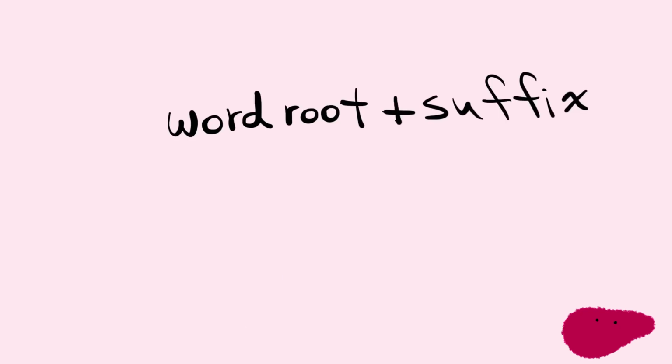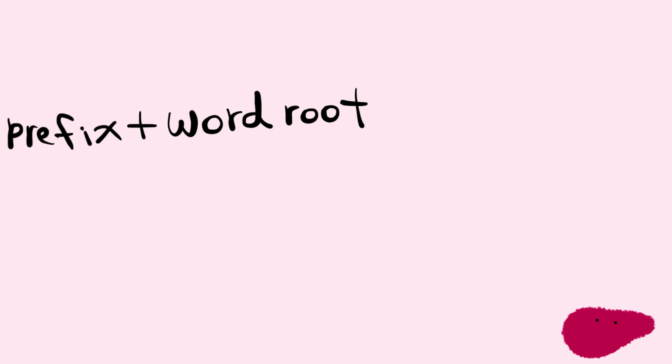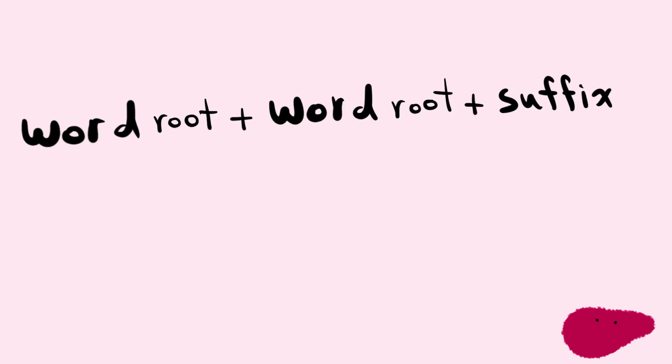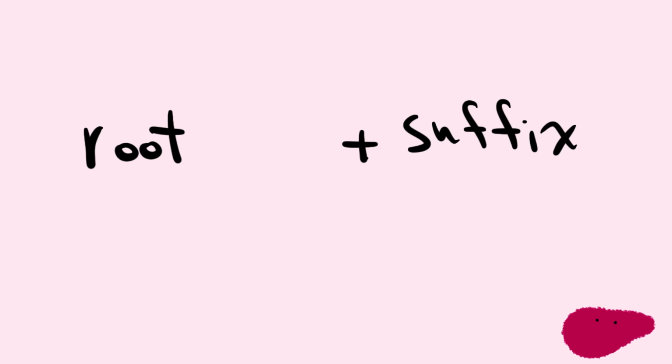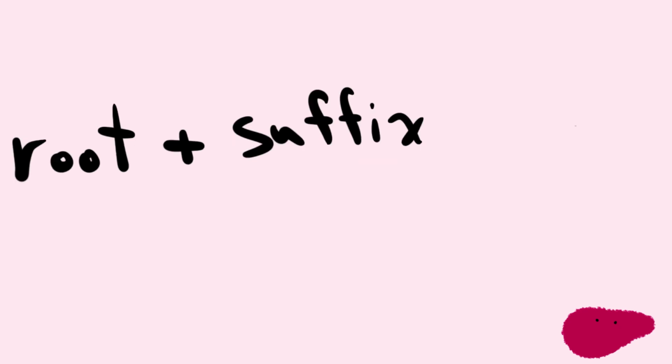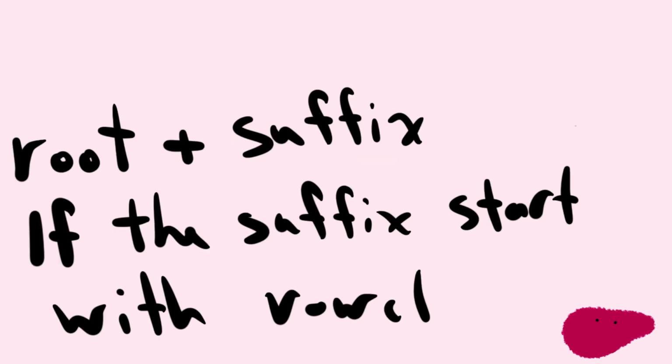When constructing a medical word, you can put the root with a suffix, a prefix, or both. There are also compound words that contain more than one root. For example, urogenital contains more than one root, and it refers to the urinary and reproductive system. You can simply add a suffix to a word root if the suffix starts with a vowel.